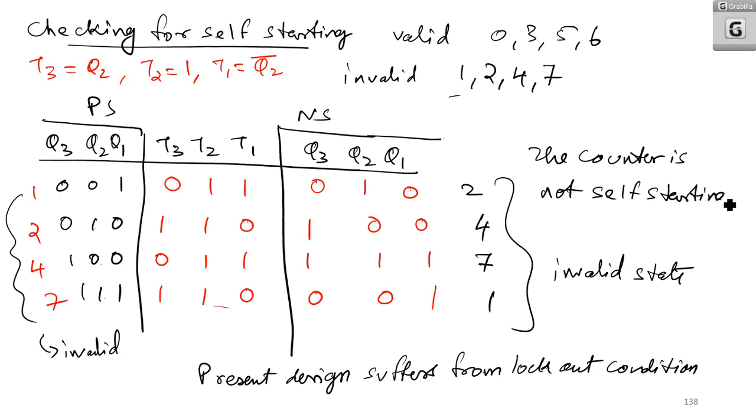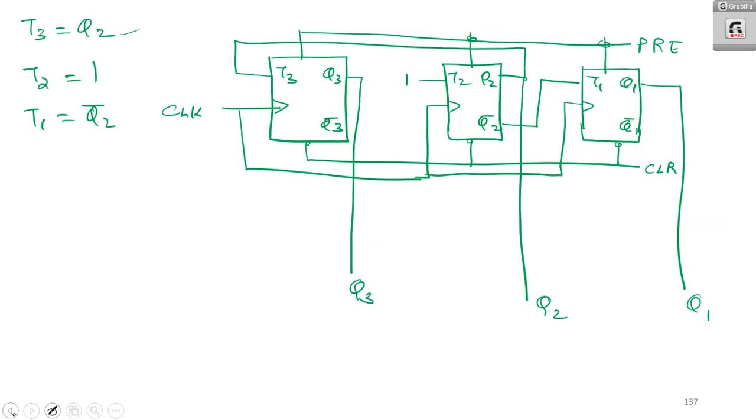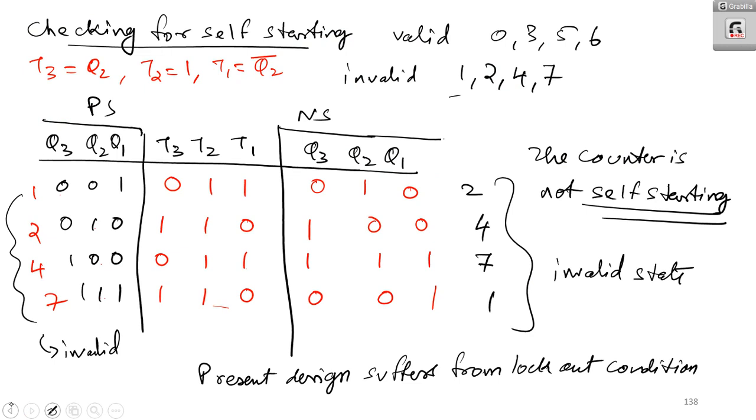So that is the conclusion from here. Now, how to eliminate this lockout? That is the next question. Lockout condition means from an invalid state it goes into another invalid state, so it is not coming back to any of the valid states. That means the counter is not self-starting.